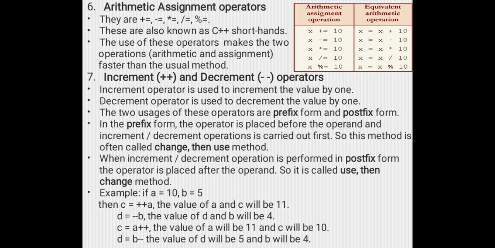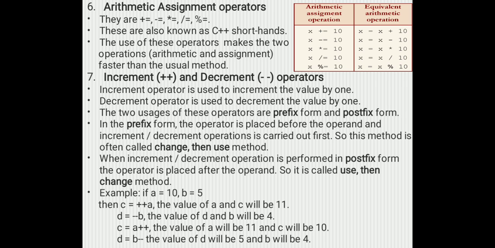In the example, if a equal to 10, b equal to 5, then c equal to plus plus a means the value of a will be increased by 1, and that value is stored into the variable c. Plus plus a: first change the value, then use the value.